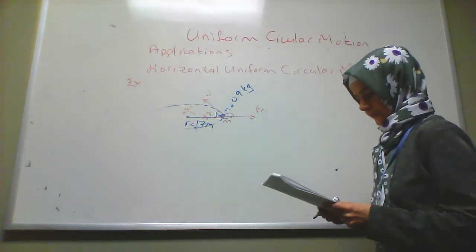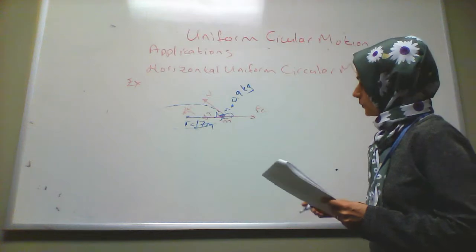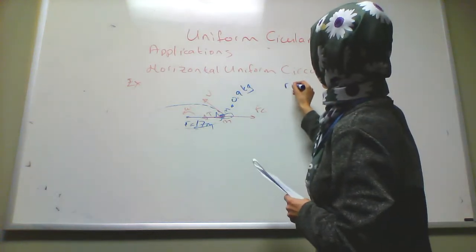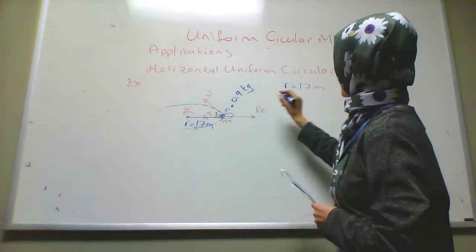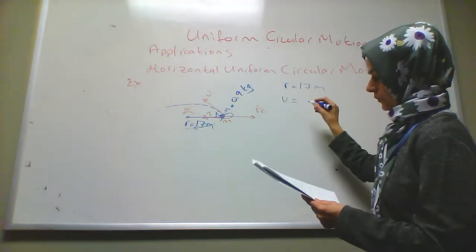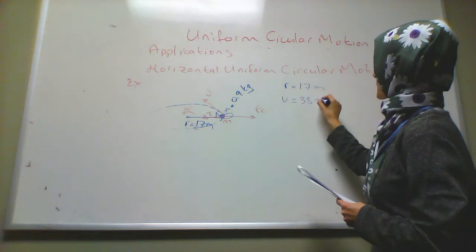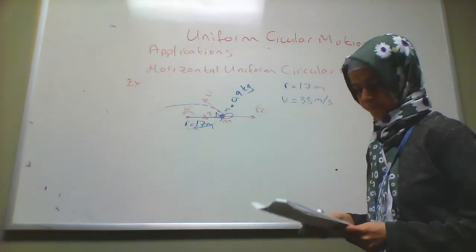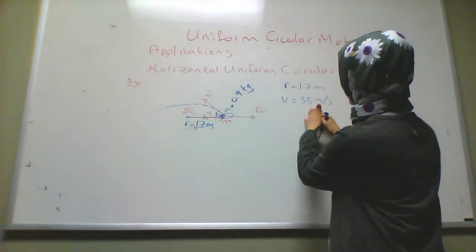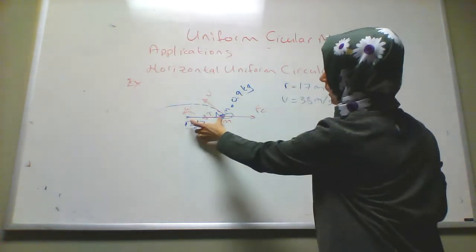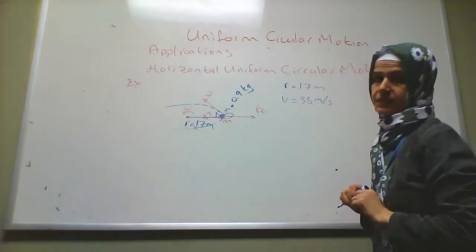That's a long rope. We also know the linear speed. The speed of the airplane is 38 meters per second. So find the tension if the speed is 38 meters per second and the length of the rope is 17 meters.